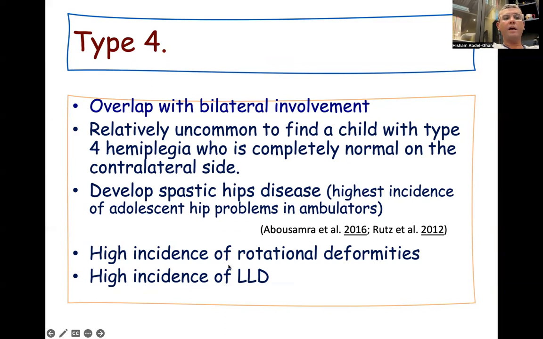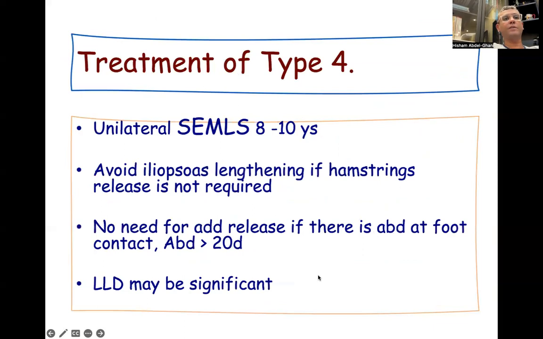They have a high incidence of rotational deformities and a high incidence of leg length discrepancy. And the treatment is single event multi-level surgery. And we have to avoid iliopsoas lengthening if the hamstring release is not required, because this may produce severe deformity of the hip and decrease propulsion and flexion of the hip during swing.